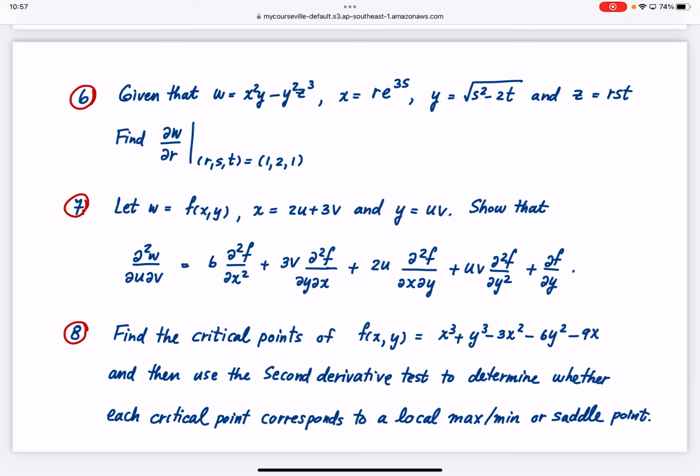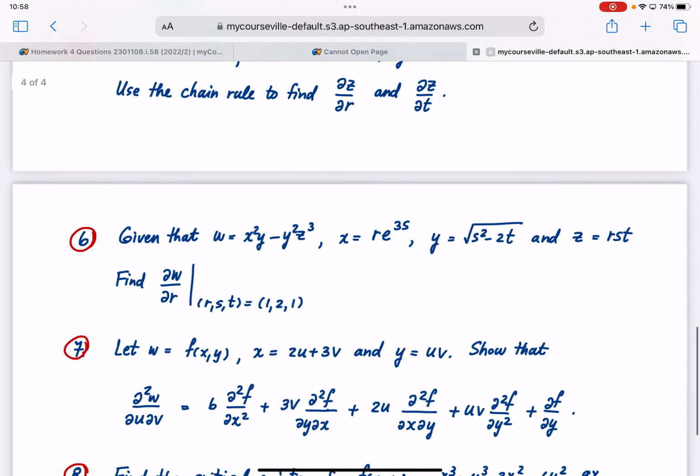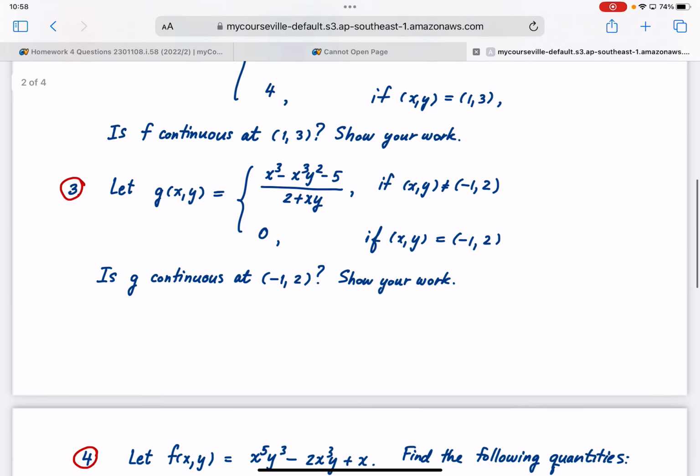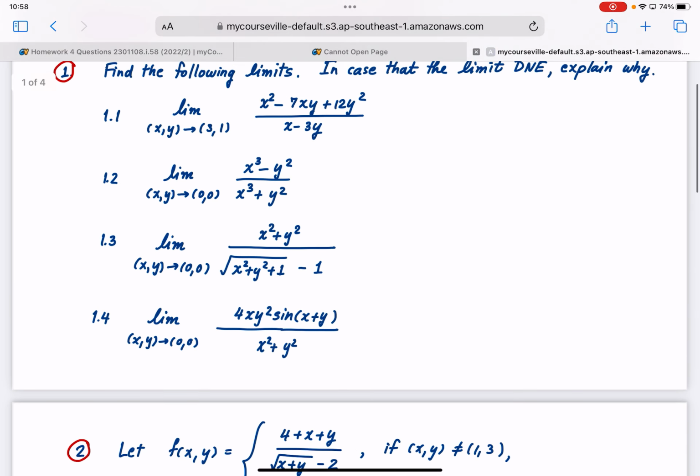Question 7 is still chain rule, but a bit more tedious because you have to do chain rule into the second order derivative. But question 8 is the critical point, the thing that you learned today, and then you do the second derivative to check if it is max or min or saddle point. Okay, 8 questions here. So you submit it by April 24th, 3 weeks from now.